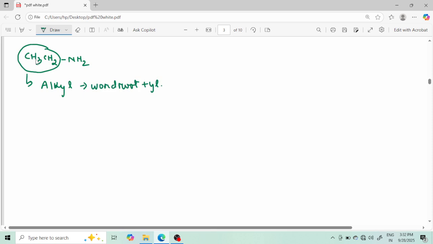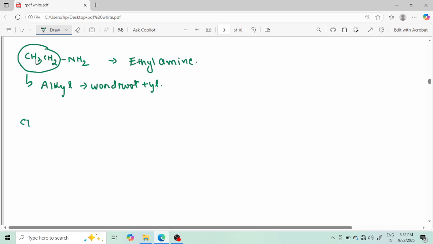Suppose I am giving you CH3, CH2 and then NH2. Here this is the alkyl, and how to name an alkyl I have already explained in class. Alkyl is word root plus YL. So the name of this one is ethyl, because 2 carbon, ethyl amine, right?